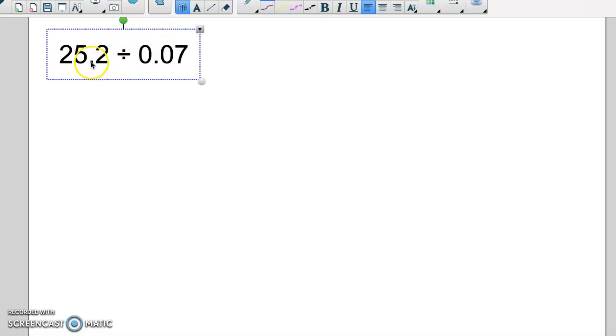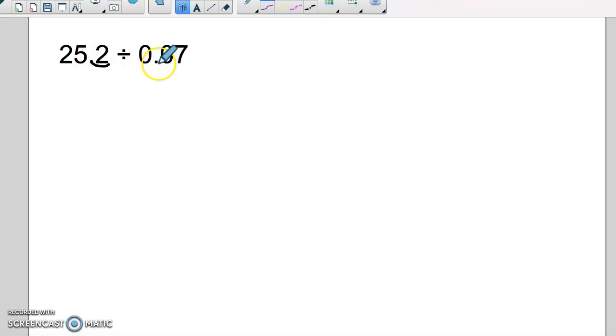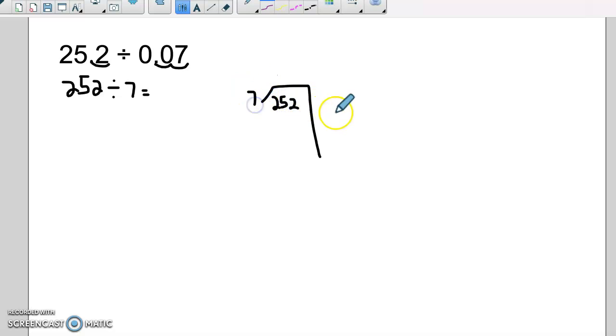So for this one, I'm going to start out, right? I'm going to bring it out 1, and then I go out 2. So 252 divided by 7, which that would be, well, I don't know. Let's try it. I know if I do 7 times 30, that'll be 210.